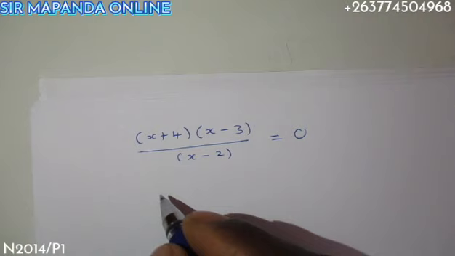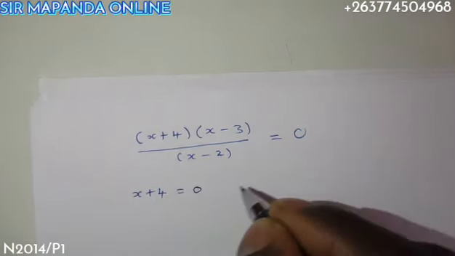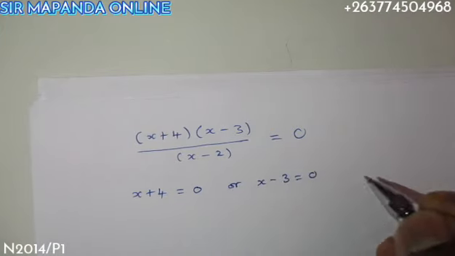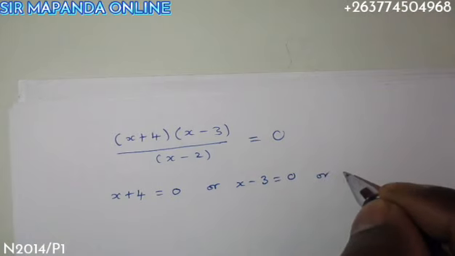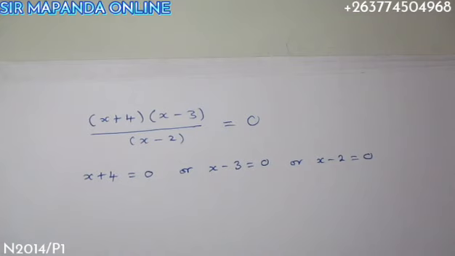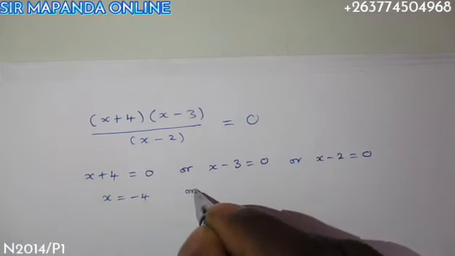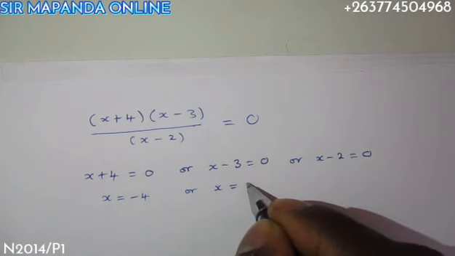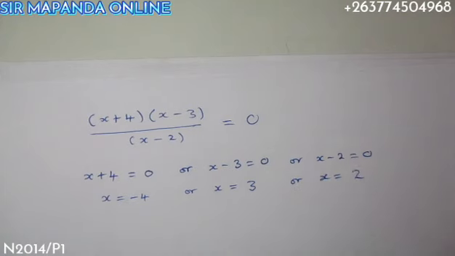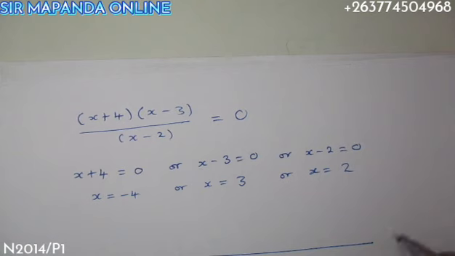So you now have x plus 4 is equal to 0, or x minus 3 is equal to 0, or x minus 2 is equal to 0, something like this. So your first critical value is -4, and your second critical value is 3, and you have 2. Right, so let us put those critical values on the number line.